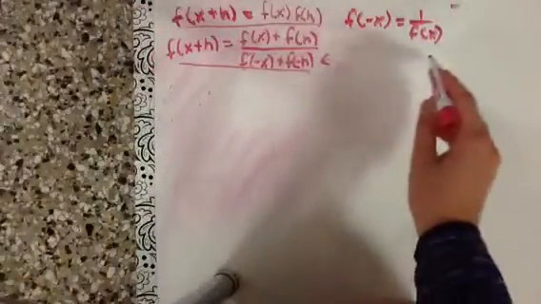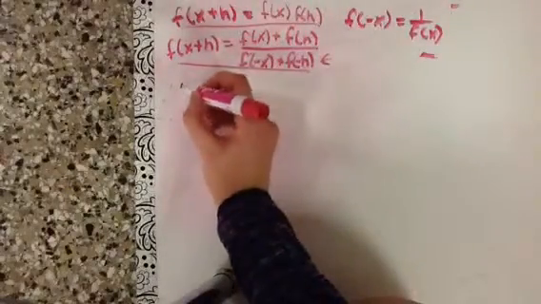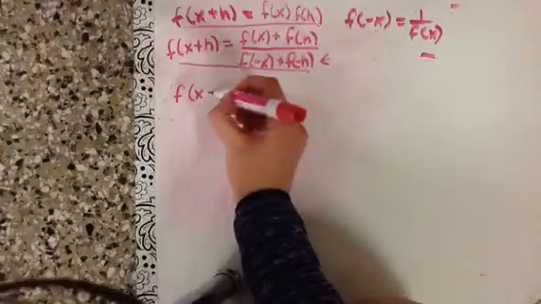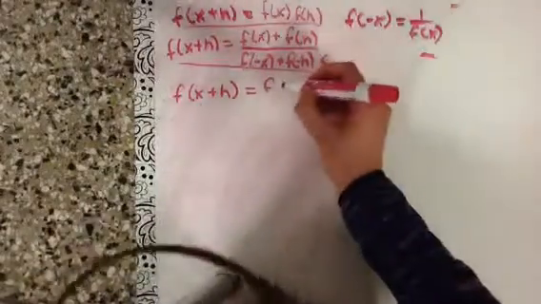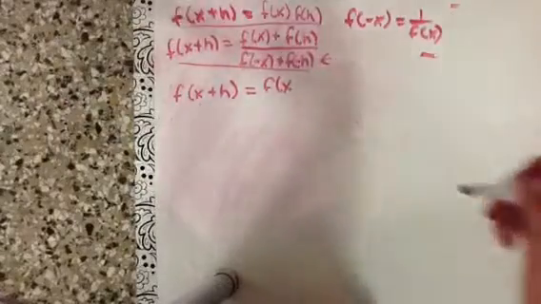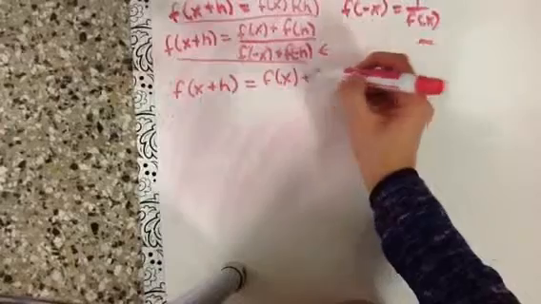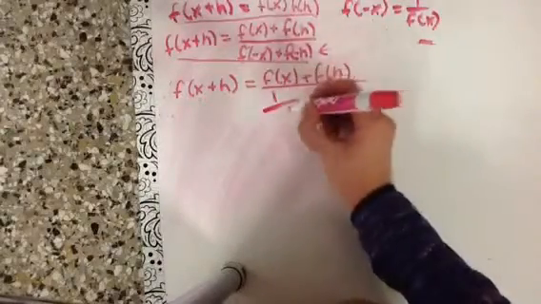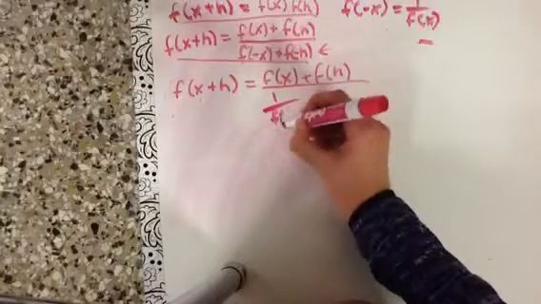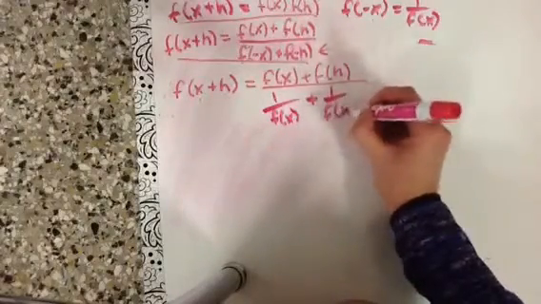Okay, with this right here, we can replace the negatives, such as, take that, sorry my hair keeps getting in the way, plus f of h equals 1 over f of x plus 1 over f of h.